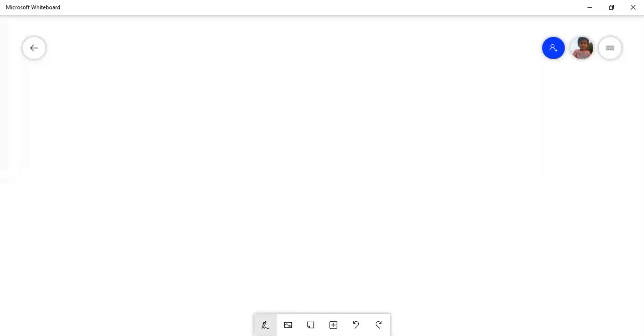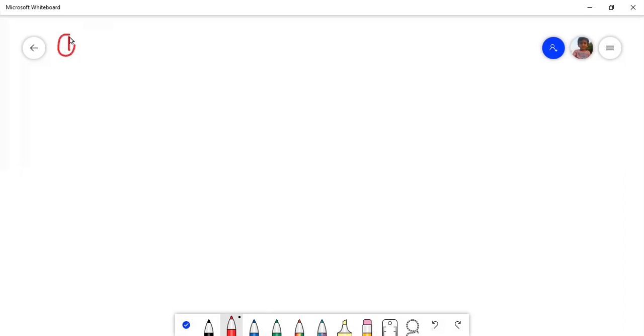Next definition: monotonically increasing sequence, monotonically decreasing sequence, monotonic sequence. First one is the monotonically increasing sequence.